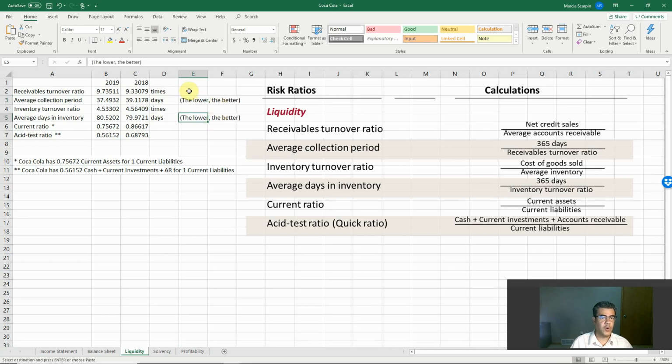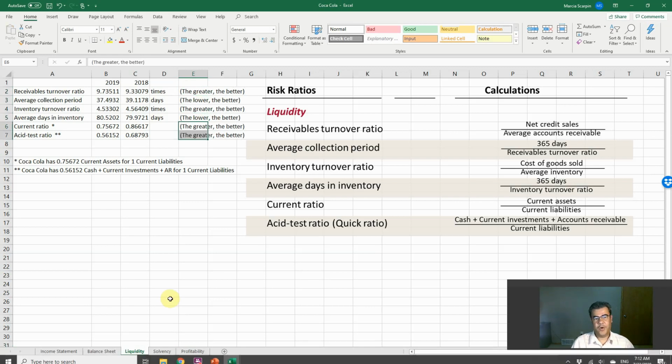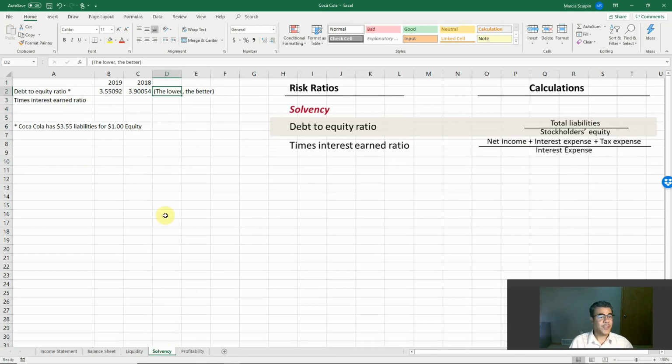Average days, the lower the better. Okay, wow, that's beautiful now. So Coca-Cola has 3.5 times more liabilities than equity.